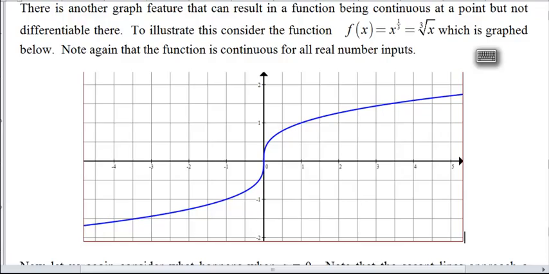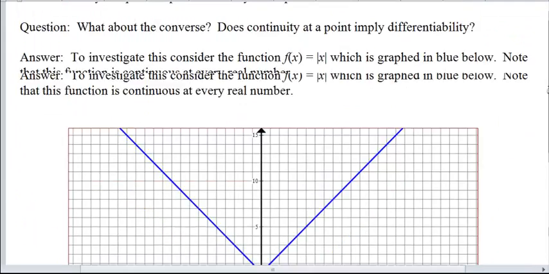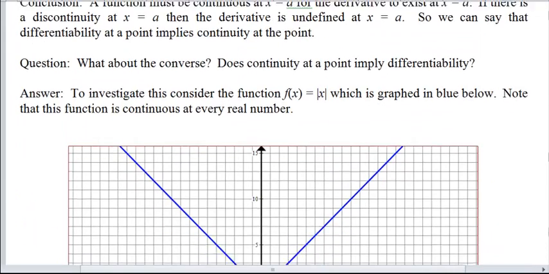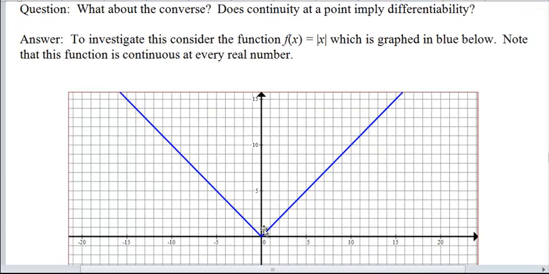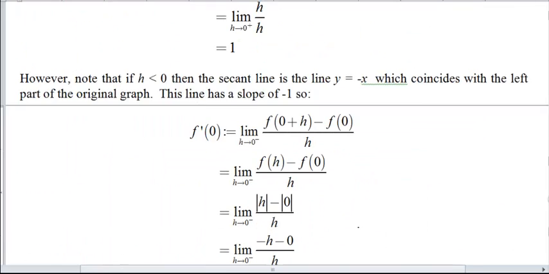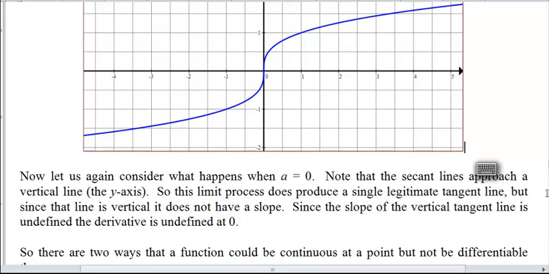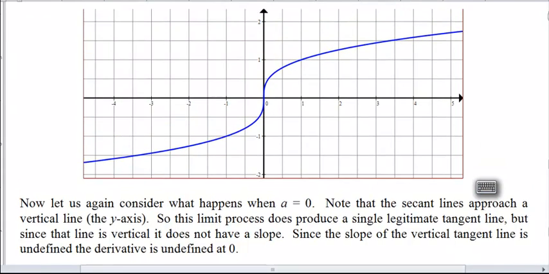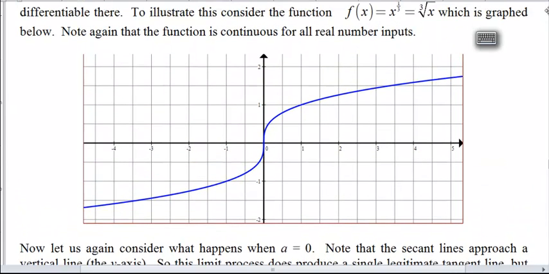Whereas before we didn't really have a well-defined tangent line here, there's sort of two candidates. From the right, the tangent line ought to be the line y equals x. If you're coming from the left, it ought to have been y equals minus x. There's not a single well-defined tangent line there. In this case, there is a well-defined tangent line. So the limit of the secant lines does have a limit. It's the tangent line.